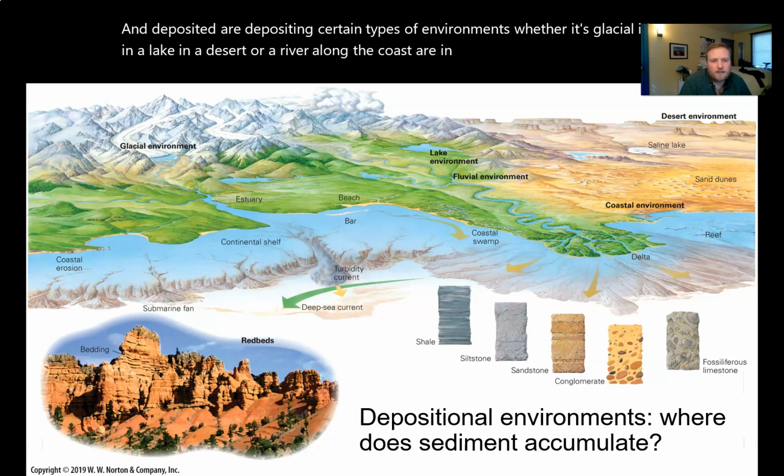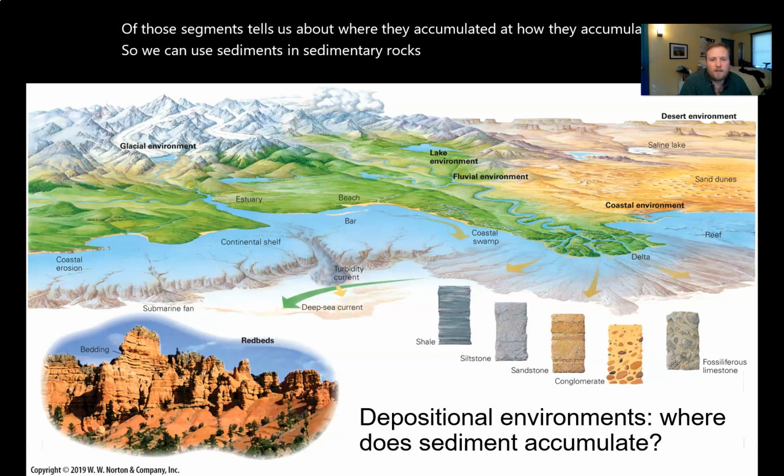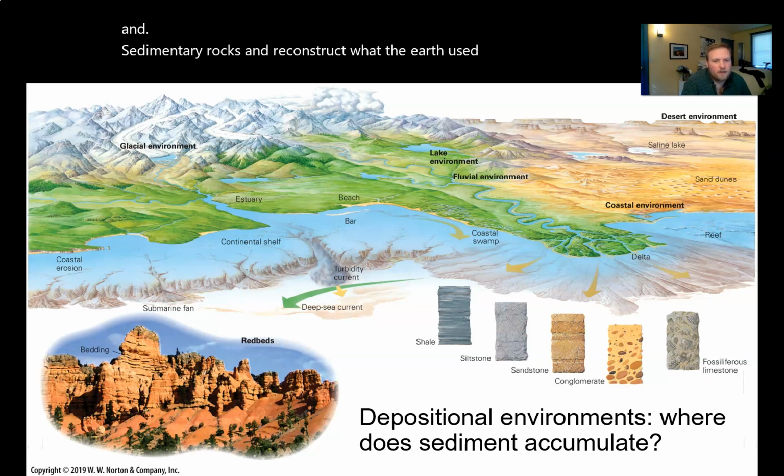And the characteristics of those sediments tell us about where and how they accumulated. So we can use sediments and sedimentary rocks to reconstruct what the surface of the earth was like in the past. This is what makes it possible for us to look at fossils and sedimentary rocks and reconstruct what the earth used to be like millions of years ago.